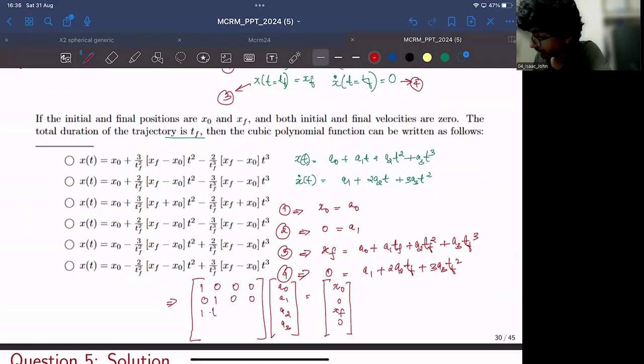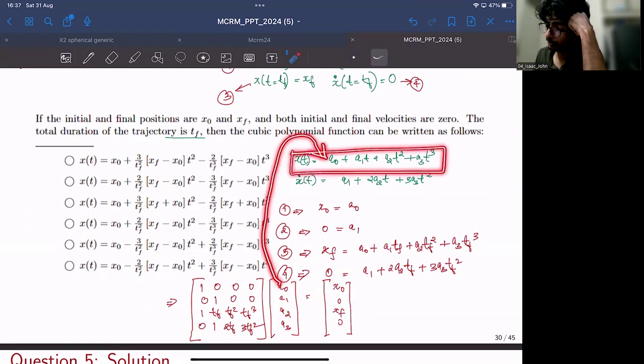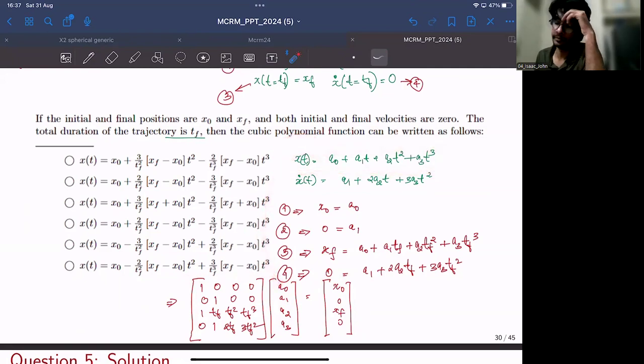Then 1, tf, tf square, tf cube, 0, 1, 2tf, 3tf square. So if you invert this matrix and pre-multiply it with this vector, you will get the corresponding coefficients a0, a1, a2, a3. And once you get those, you back substitute it into this general equation, you will be able to get the correct answer.